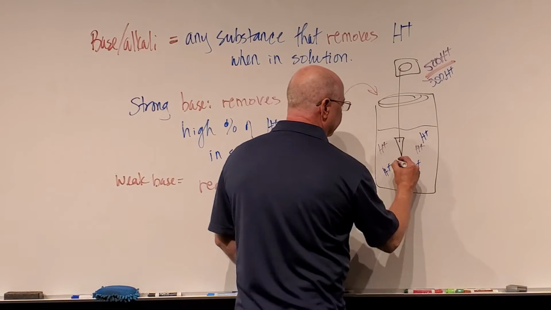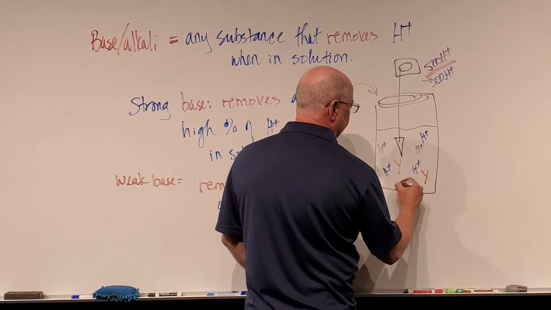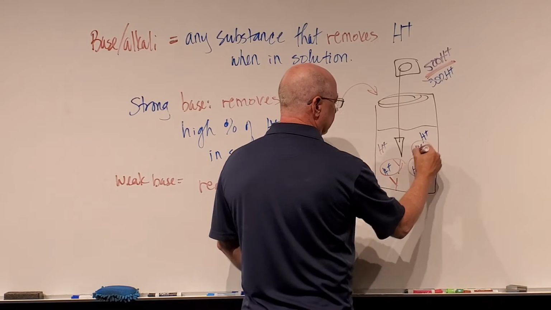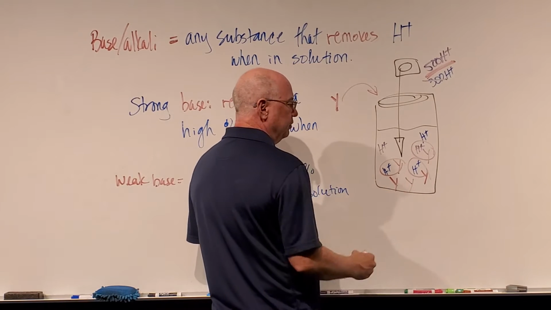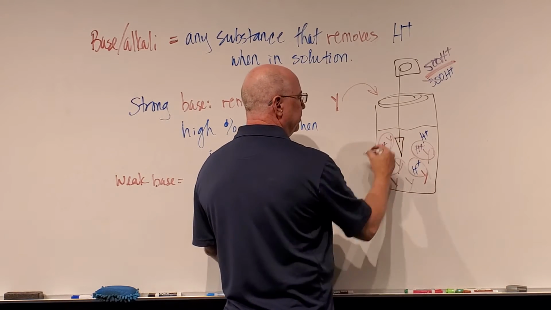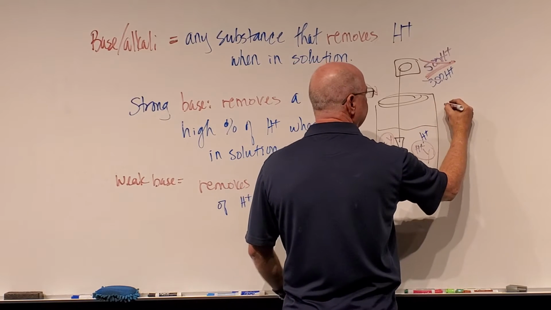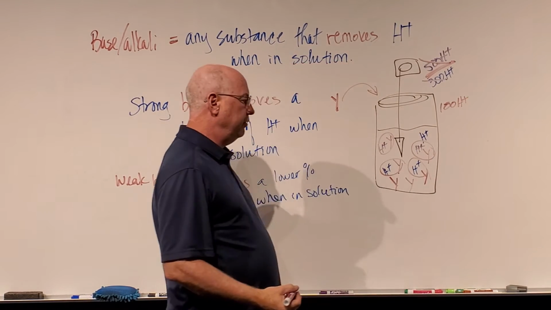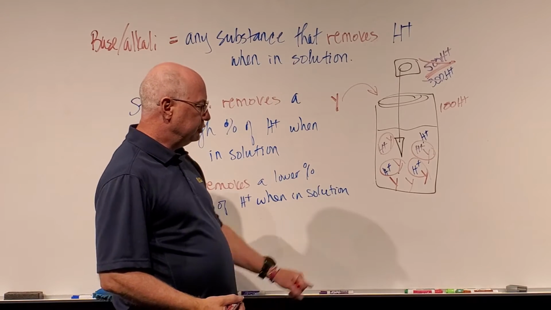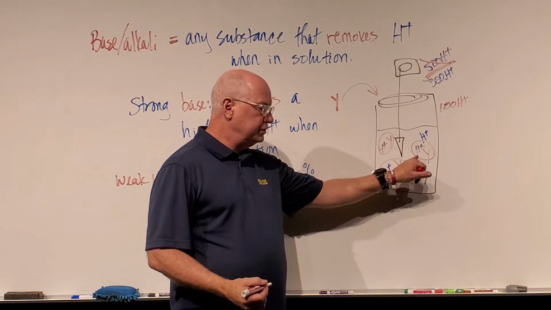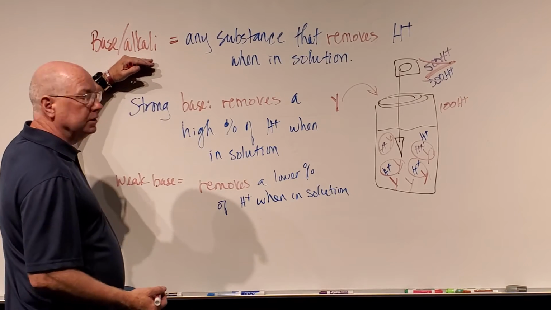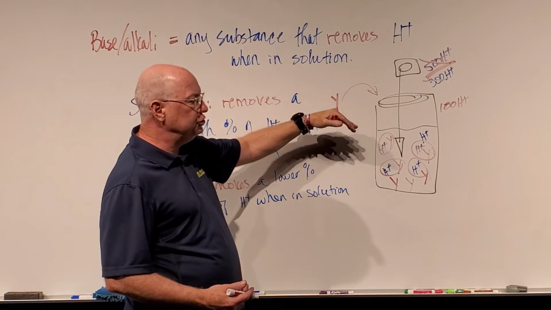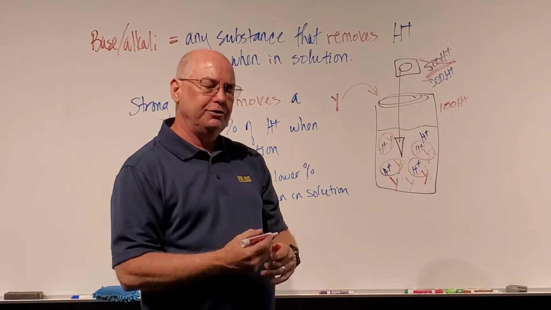If the minute that I start dumping some of Y in here, it starts binding up some of the hydrogen ions, and I have a few that don't, but a majority of them bind them up so that when Y is entered into solution, now I only have 100 free hydrogen ions floating around. Some of the Y's don't bind it up, but most of them do. This would be called a base or alkali, because when I put it in solution, it removes the free hydrogen ions.